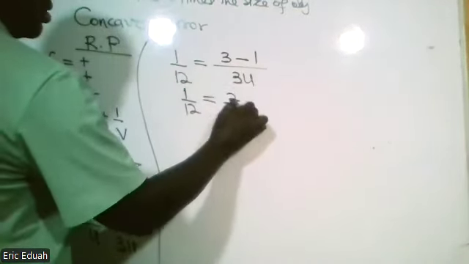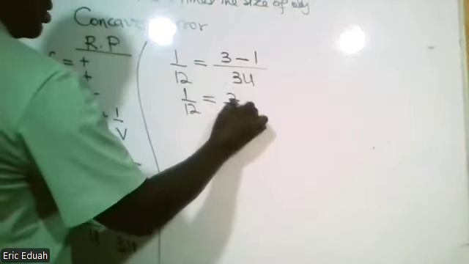Concave mirror has a real principal focus and it occurs in front of the mirror. F is negative. R is also negative. Image, we are told, is virtual. So V will be positive. Image is virtual, meaning it occurs behind the mirror.